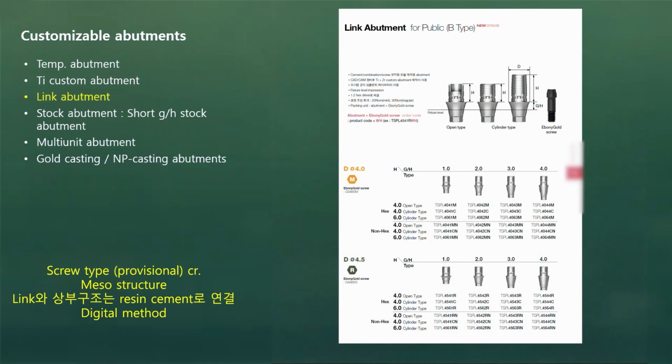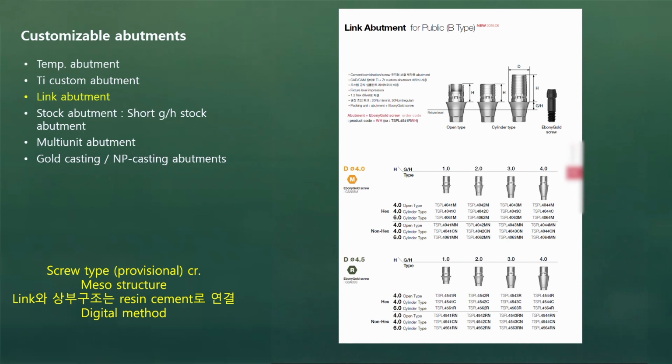So in the aesthetic area, link abutment is very much used. And this is screw type. And on the right side, what I'm showing is from the OSTEM catalog PDF file. And link abutment in the digital age has become more popular. And in creating screw type provisional, this is used.